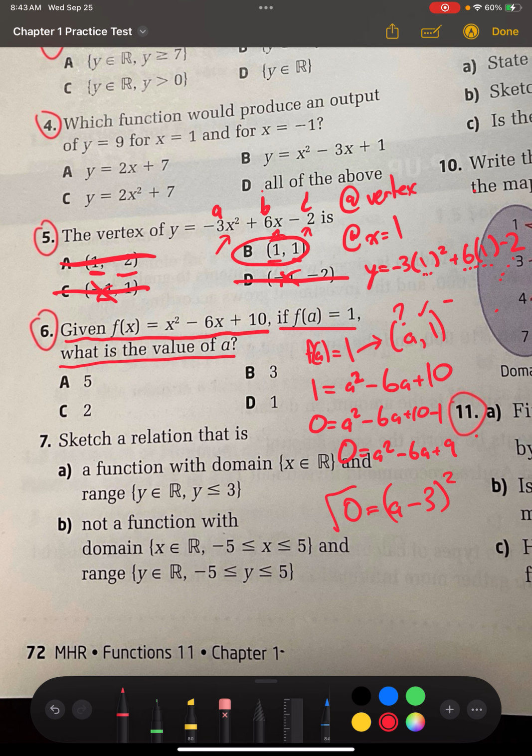Square root of both sides. 0 equals a minus 3, which means, I move the 3 to the other side, a equals 3. So what is the value of a? The answer is 3.